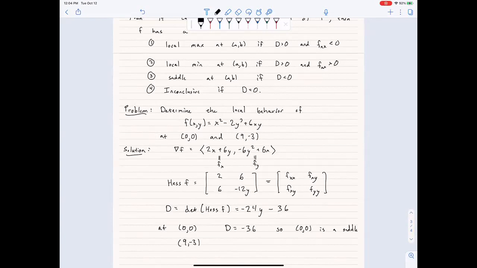Well, we get that D is equal to negative 24 times 3, which is 72, minus 36, which is equal to 36, which is positive. Furthermore, as I said a moment ago, the second partial of f with respect to x twice is also 2, and therefore is positive. So we know that we have a local min here.